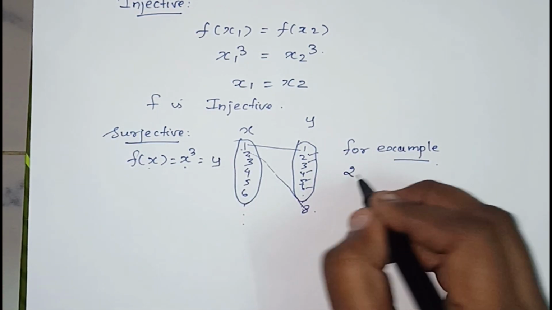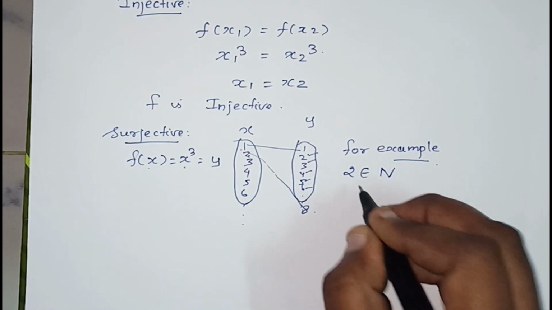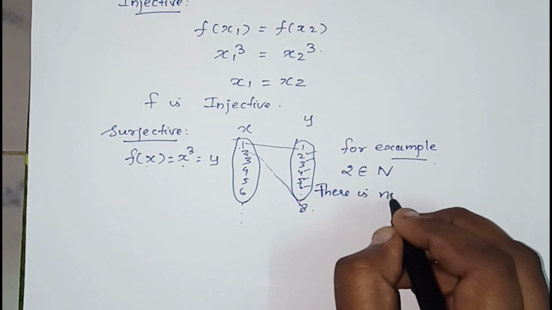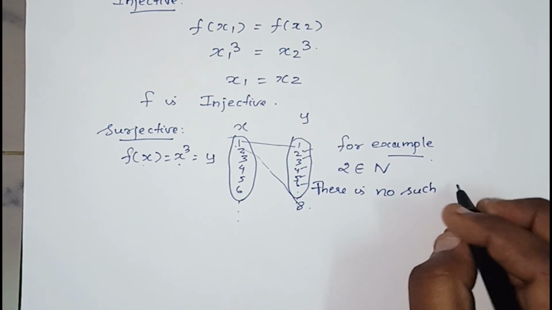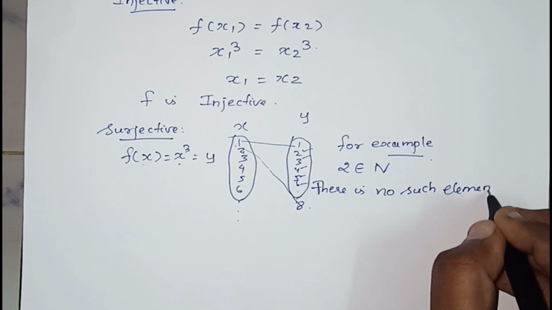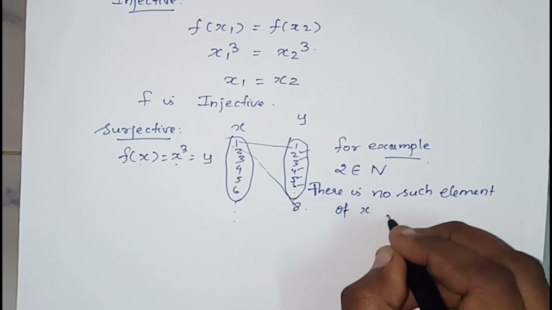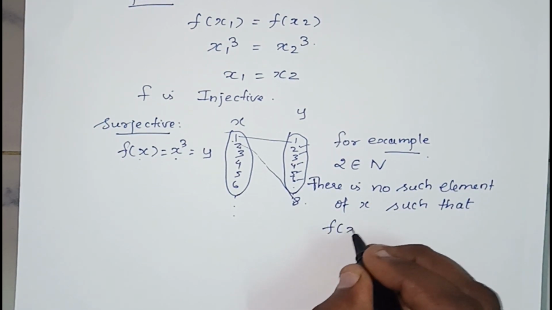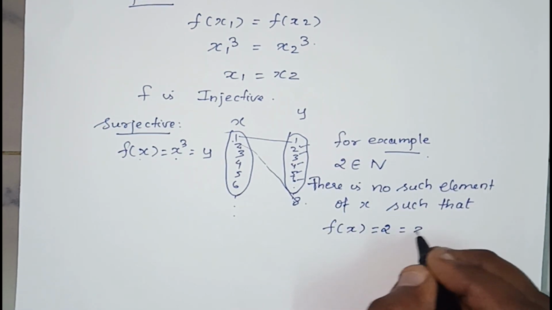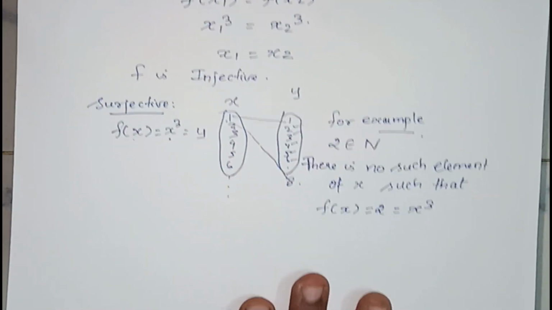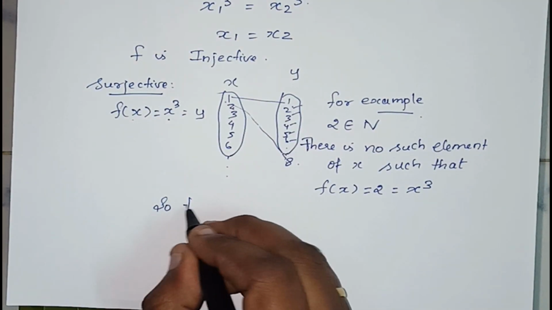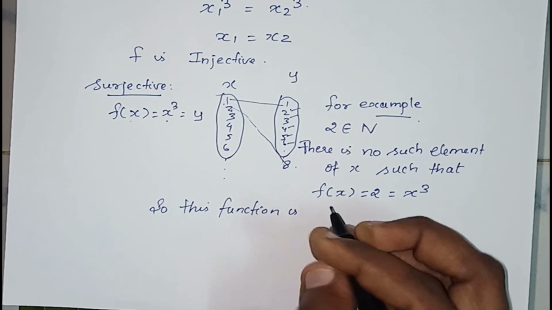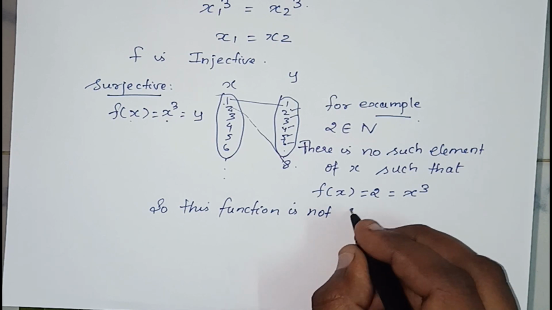So 2 belongs to natural numbers only, but there is no such element of x such that f of x is equal to 2, that is x cube. Okay, so this function is not surjective.